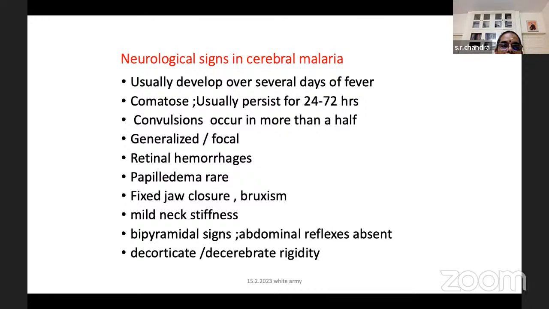Next is cerebral malaria. Usually develops over several days of fever. Patient becomes comatose in 24 to 72 hours once it gets in the brain, and convulsions occur, generalized or focal, retinal hemorrhages, papilledema, fixed jaw closure and bruxism, mild neck stiffness, pyramidal signs, decorticate or decerebrate.